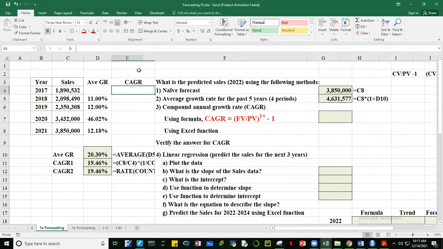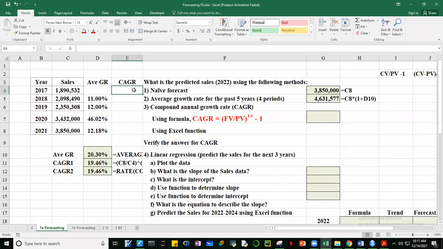To prove that the CAGR is indeed 19.46%, we go here, start with the first sales. Dapat, guys, ang ending natin dapat 3850. Ganun kasi ibig sabihin ng CAGR. You increase your value by this amount over the number of periods, and then you should get the same last figure.